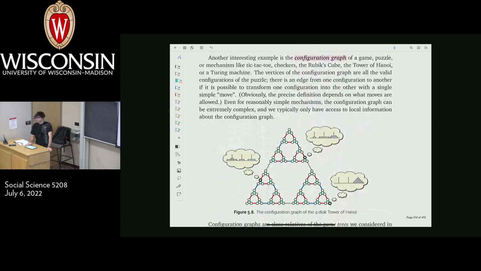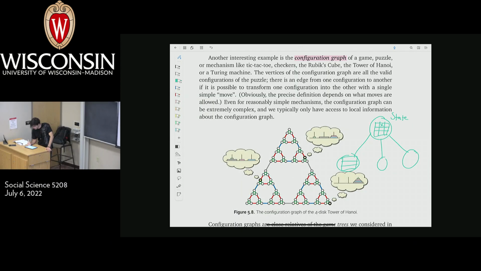There's also this idea of a configuration graph. Again, this is when you're looking at game trees. Remember we looked at game trees where you have a state. States model a current board position. So in tic-tac-toe, maybe there's one X. And then you have edges to every other state that you could enter next.